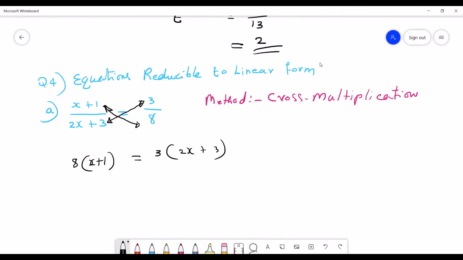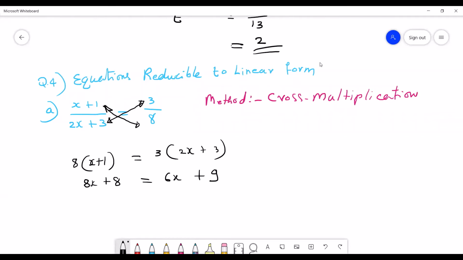Now open the bracket by the multiplication method. 8 into x is 8x plus 8 is equal to 3 into 2x is 6x, 3 into 3 is 9. Now the equation has the variable on both sides. Then apply that method: bring the variable into one side and the constant into the other side.